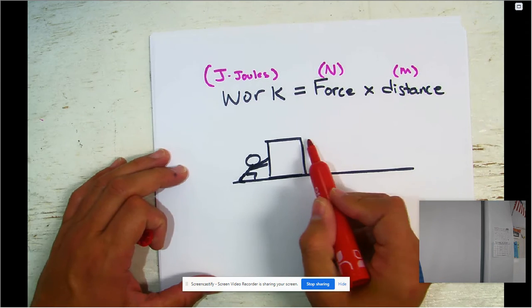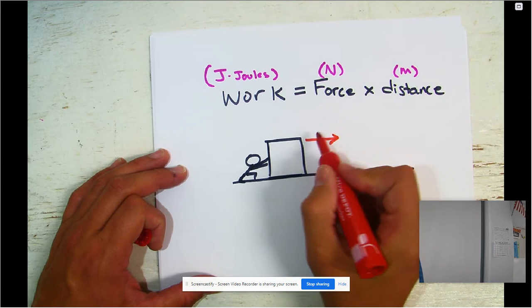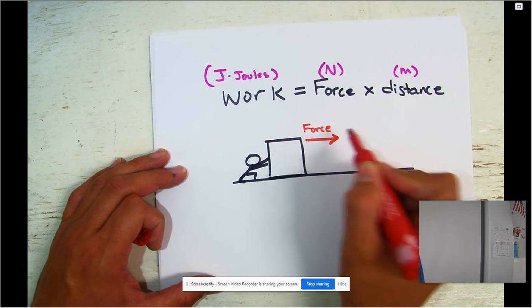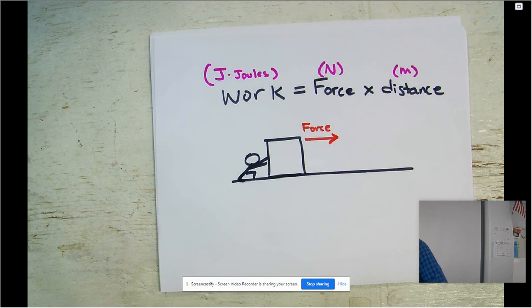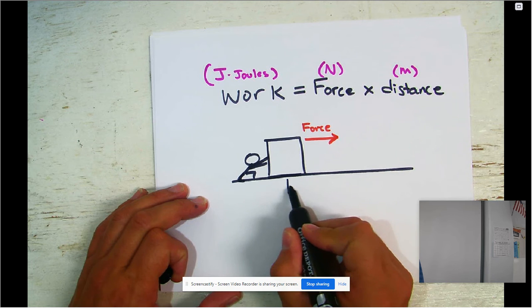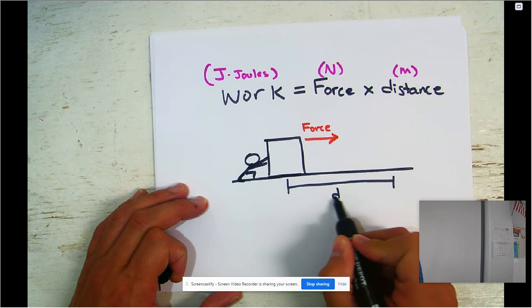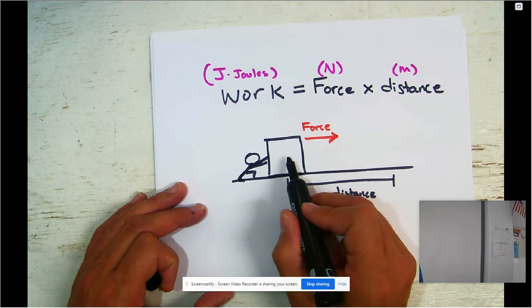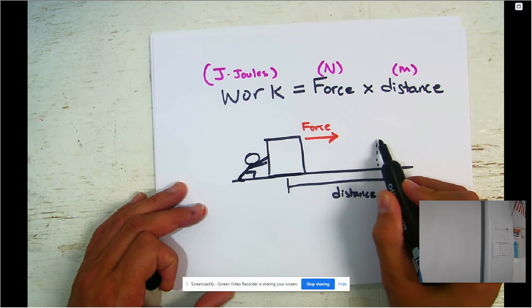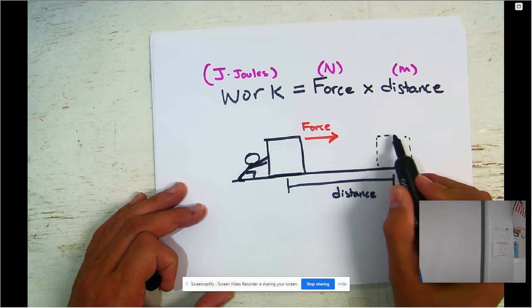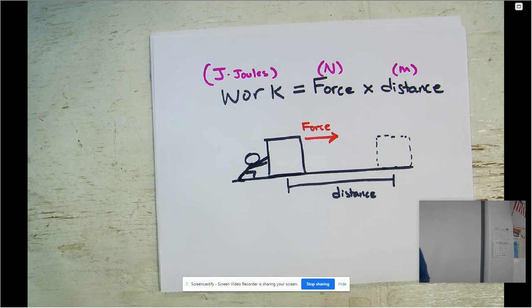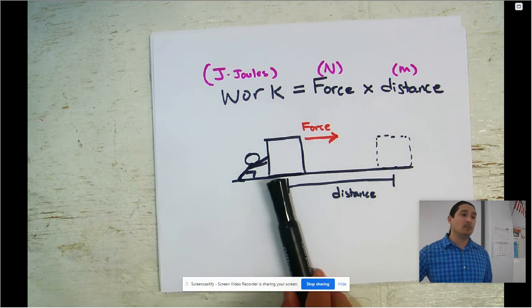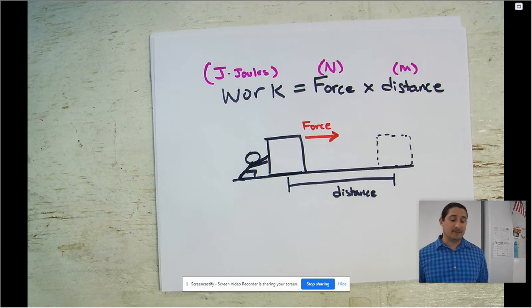If we apply a force to this box, right, this is going to be some force, and if that object moves some distance, right, we're going to move it from here, which is point A, we're going to move it to this position over here, which we'll call B. We're moving that box. We're making it go from point A to point B, right? We're applying a force, it moves a distance, we are doing work.